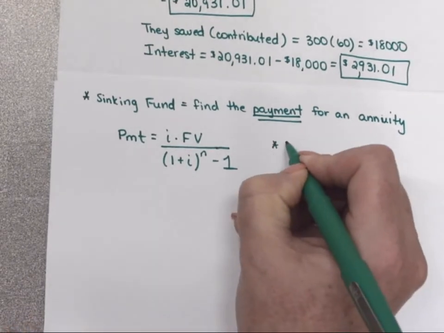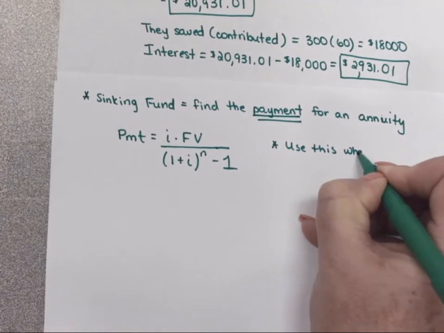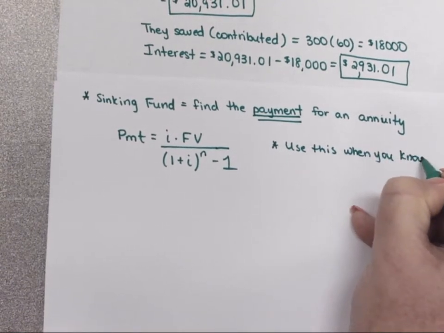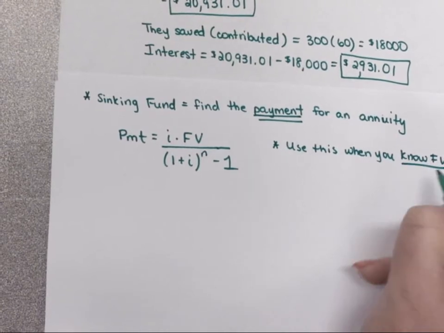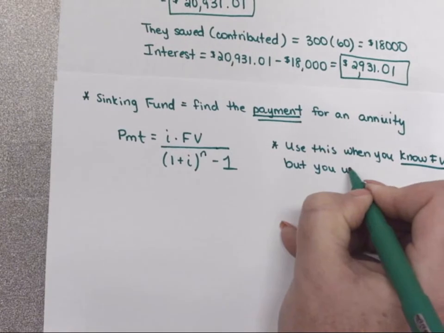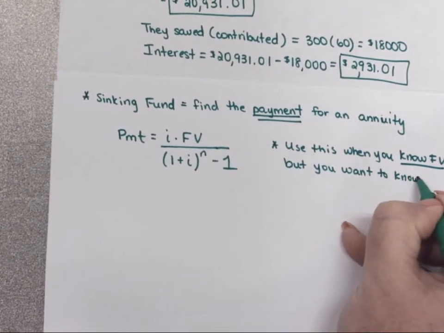But so when you use this is when you know the future value, like you know the value that you want to have or that you will have, but you want to know the payment.